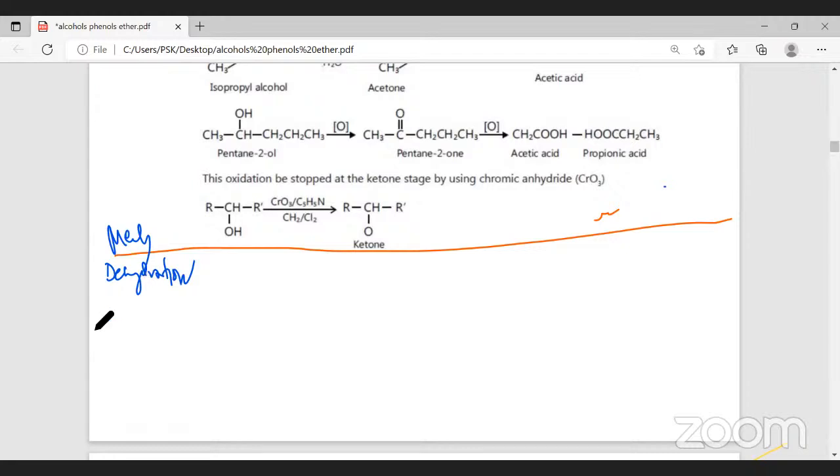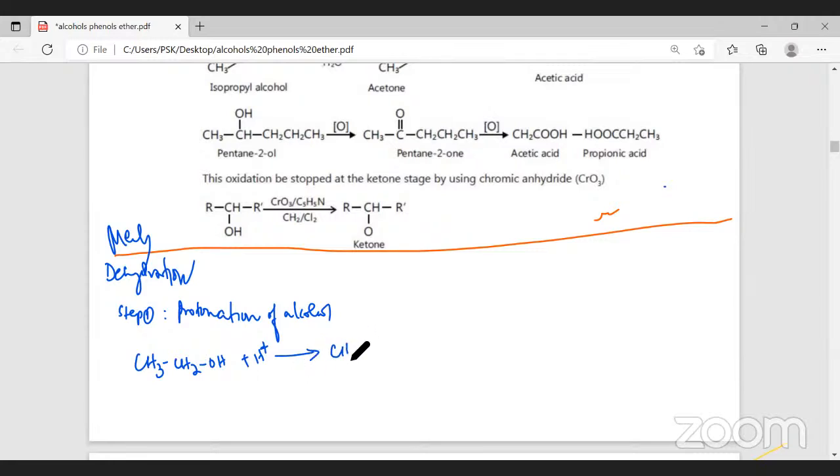Now, step one is protonation of alcohol. When alcohols are protonated, when alcohols are added with protons, protonation means addition of proton. This proton you get from an acid. So what we get is a compound CH3, CH2, already you have OH.